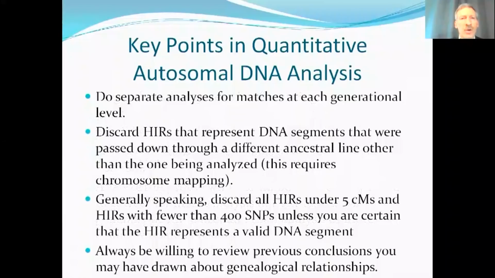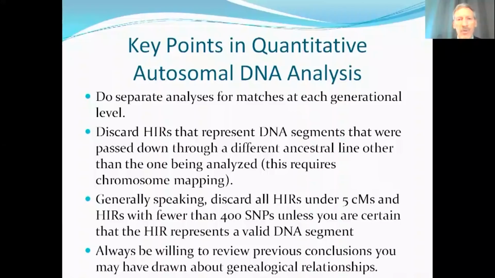Also, make sure that you do separate analyses for each match at each generational level. So if you're looking at second cousins, run all the second cousins first, and then second cousins once removed, third cousins, etc. Also, make sure that you discard any half-identical regions that are passed down through a different ancestral line than the one that you're analyzing.